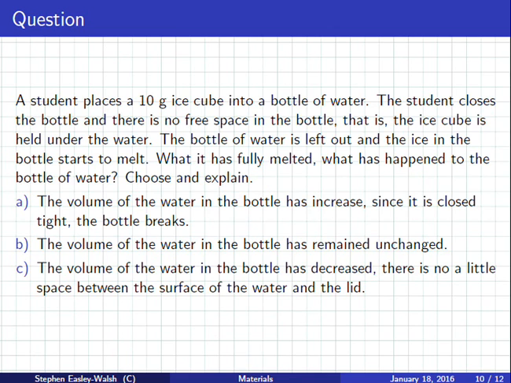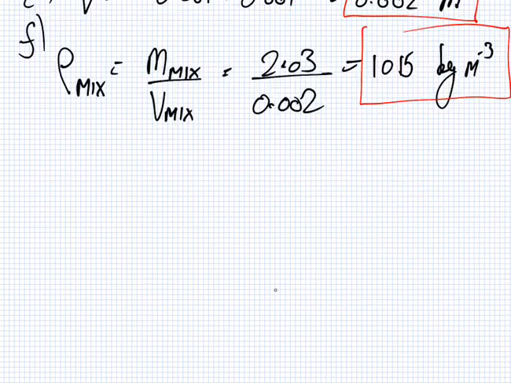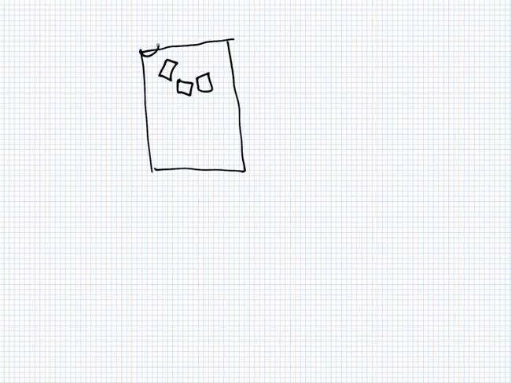I think you should write this table down, because for some of the questions you need the values. The only one you're expected to remember for the exam is water.